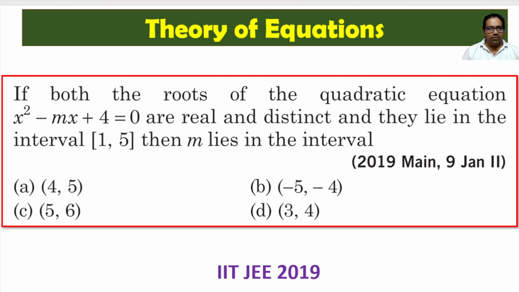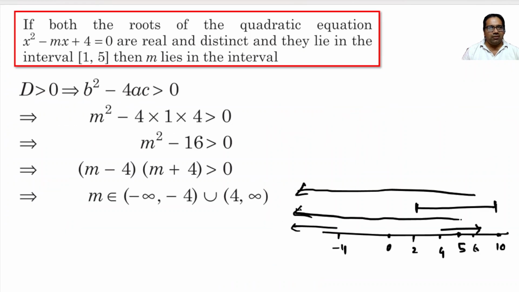Let us first try to draw the graph of this equation. Then what is the value in which m can lie? Firstly, for an equation like ax square plus bx plus c, if a is greater than 0, a is positive, that means the graph will face upwards.